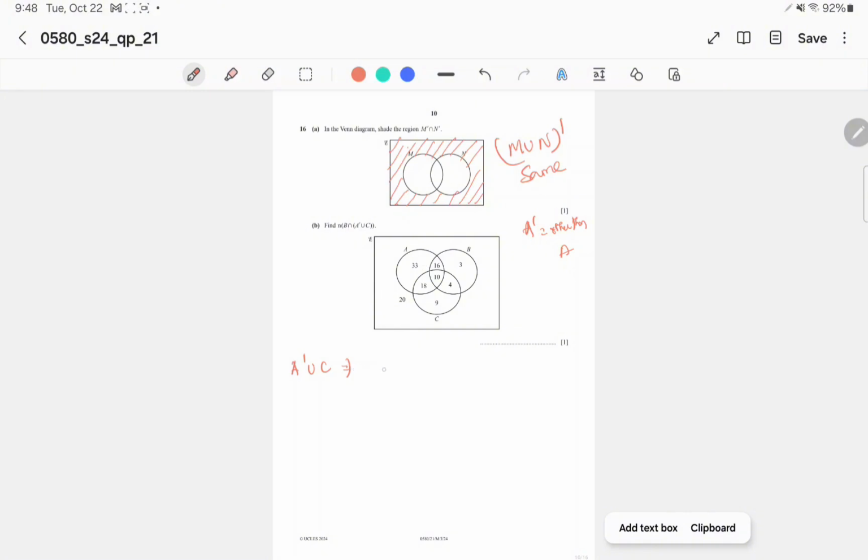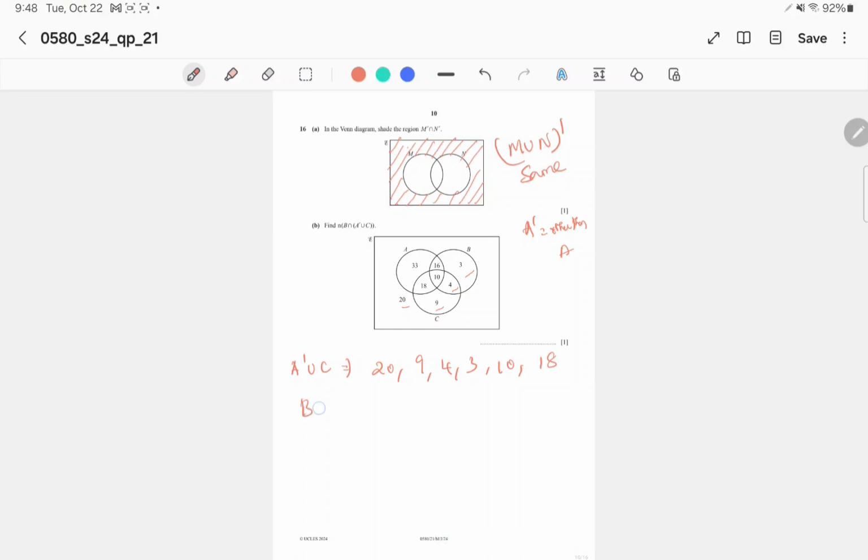Other than that, it is 20 outside, 9, 4, 3, 29, 4, 3, then 10 and 18, because 10 is here, this side, not in this part. So this it will come.